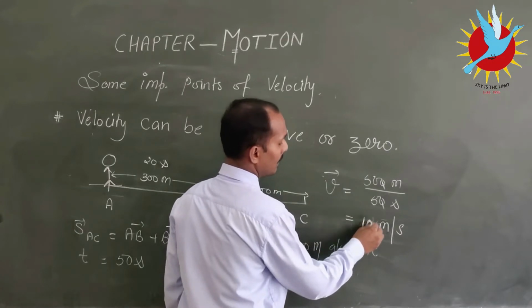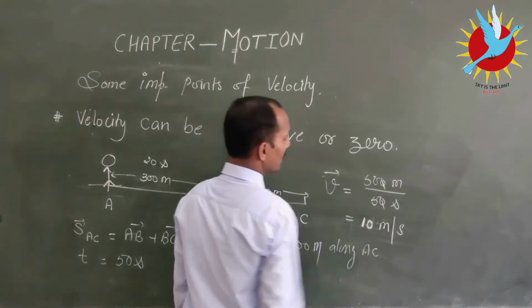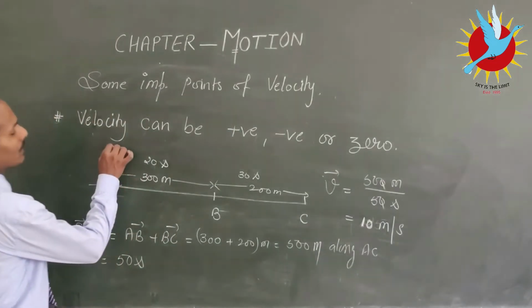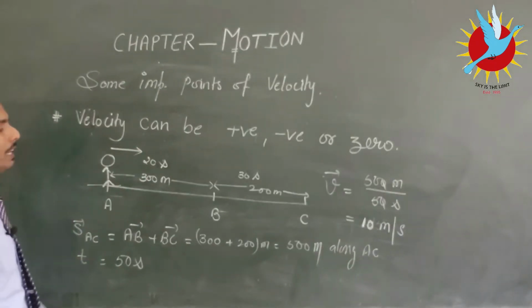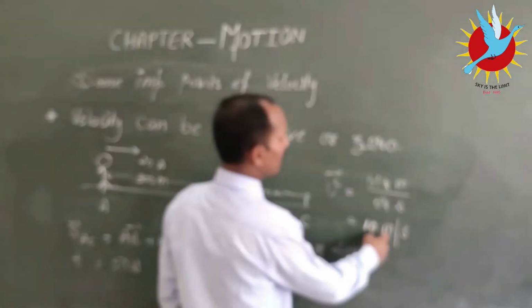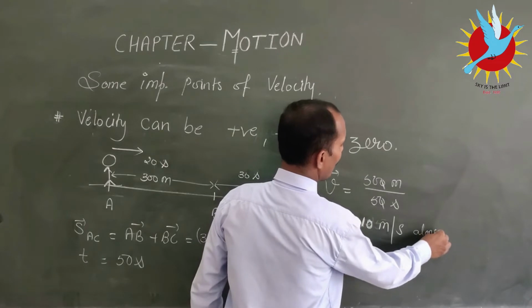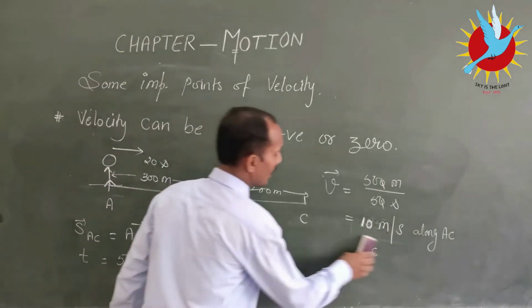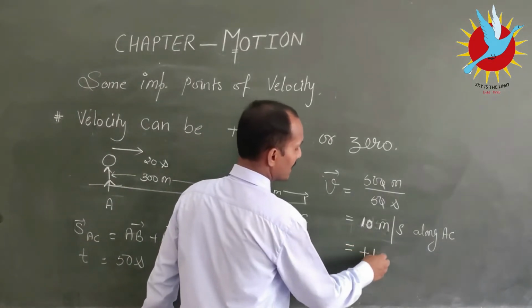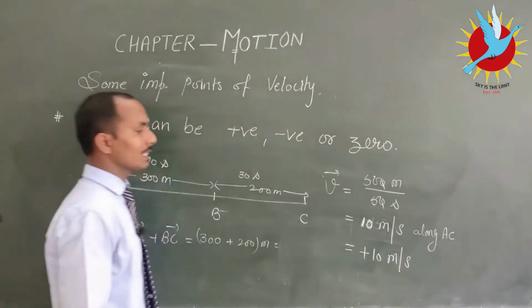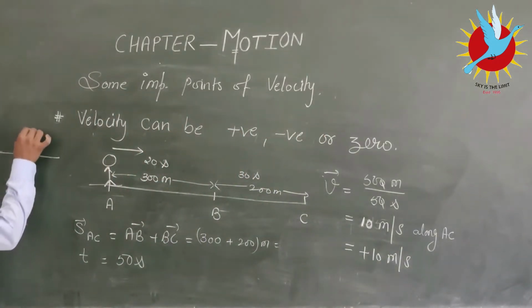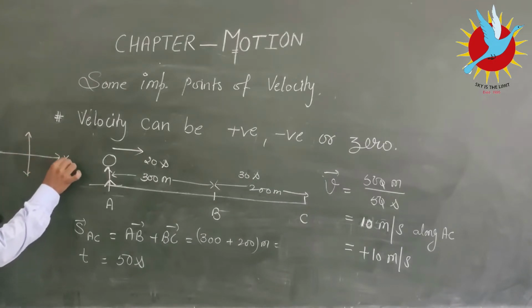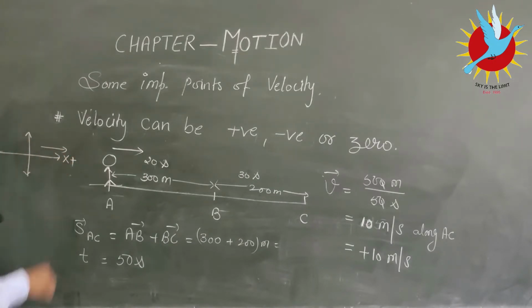Because he started his journey in this direction, you take it as 10 meter per second along A to C, or you can also write plus 10 meter per second, because when you draw coordinates, this is the positive x-axis direction, and if a body moves in the opposite direction, then it is negative.